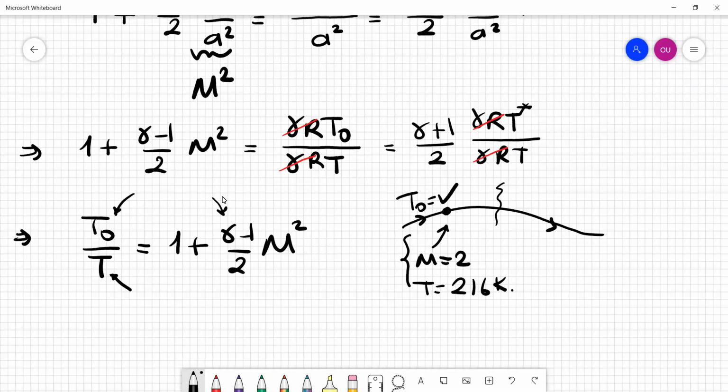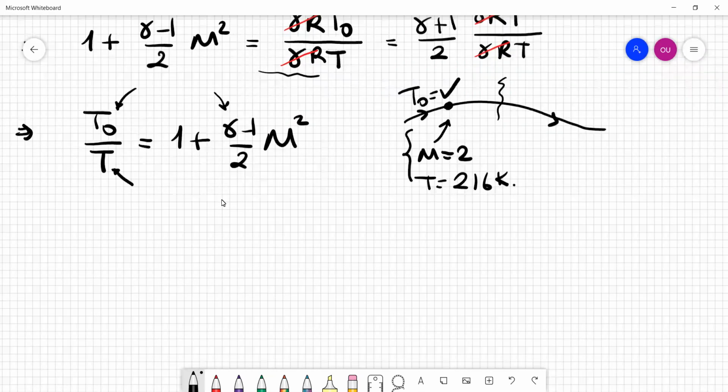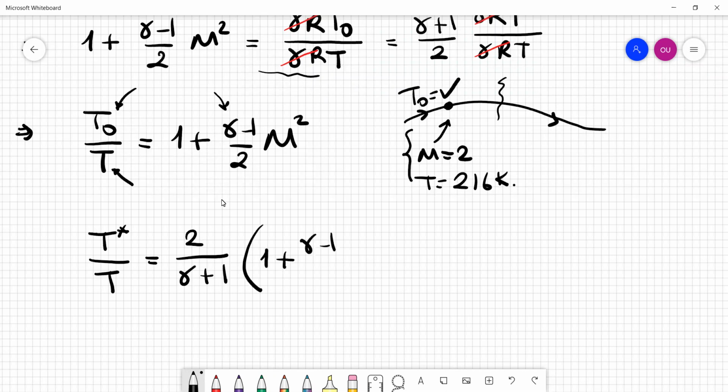Not only that, this is only the first part of this equation. We have also this part, and that part will give me a relation between the local static temperature and the T star value. T star over T will be equal to, again, a function of Mach number: 2 over gamma plus 1, multiplied by 1 plus gamma minus 1 over 2 M square.